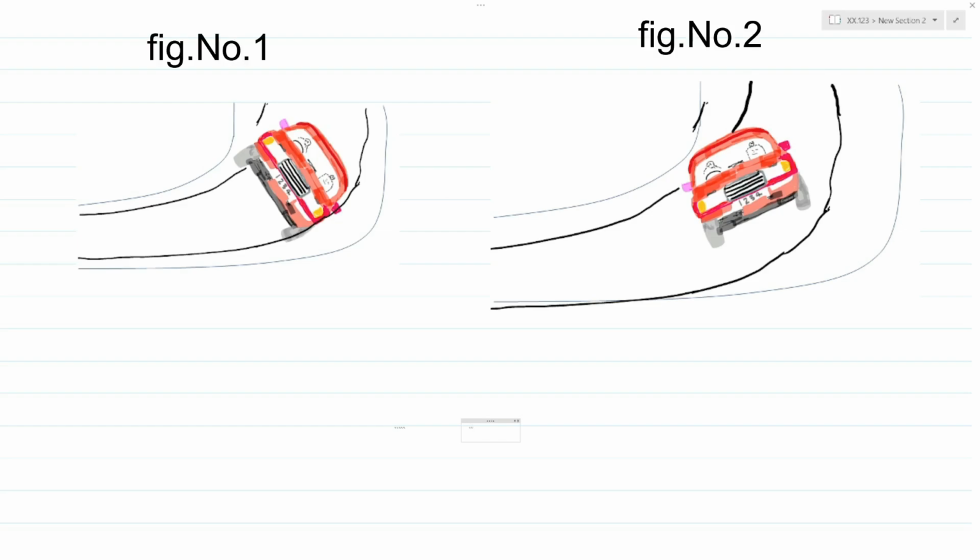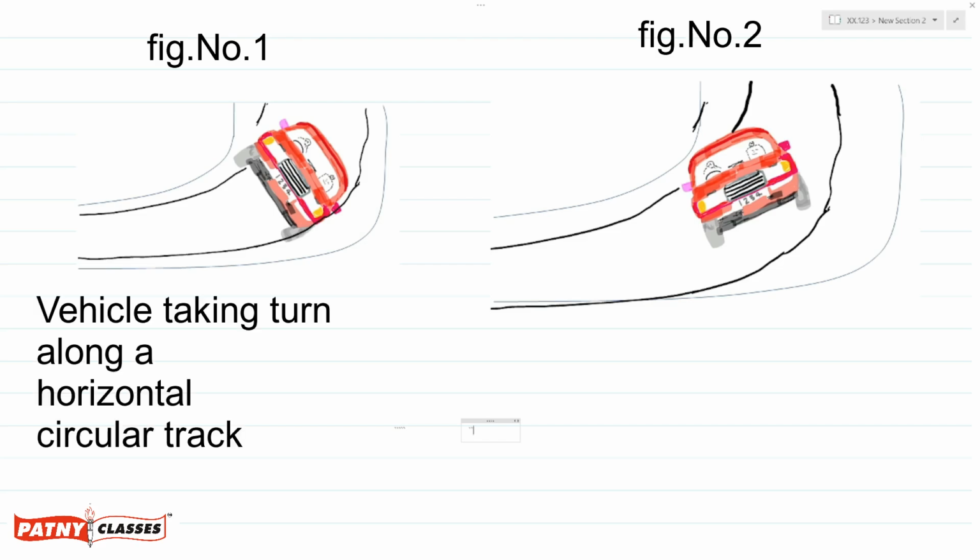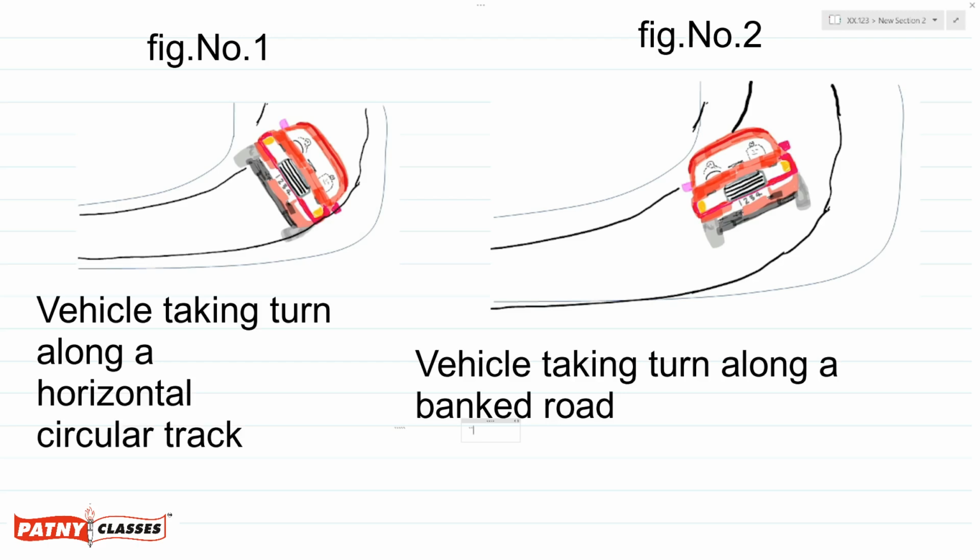Here are the two diagrams showing a car taking a turn. In the first diagram, the car is moving on the horizontal circular road, and in the second one, the car is moving on the banked circular road.